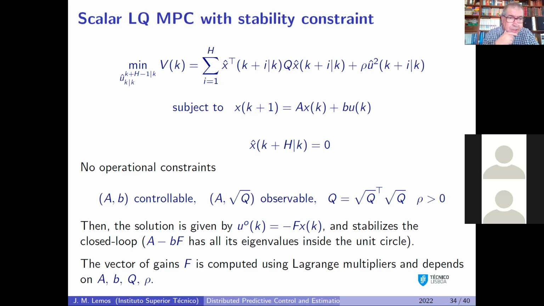Now a final comment about this controller, linear quadratic MPC with stability constraint. In practice, the formulas to compute F are more complicated than solving the LQ problem, and you don't gain anything because the LQ also gives you stability.